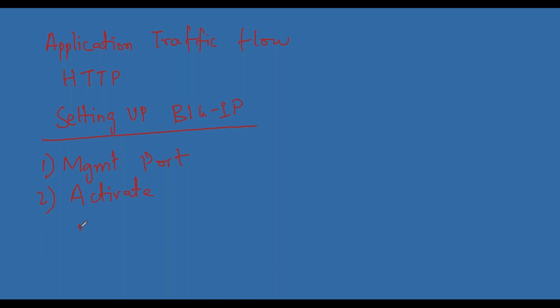So in activating, you have licensing, you have provisioning, install the certificate, and then configure platform properties.